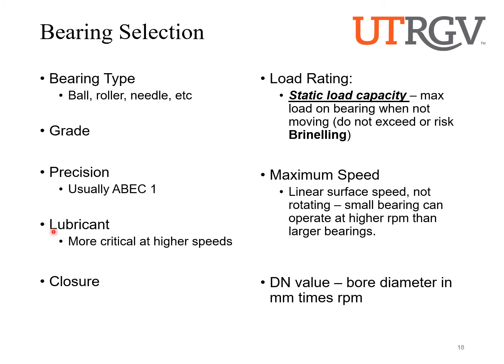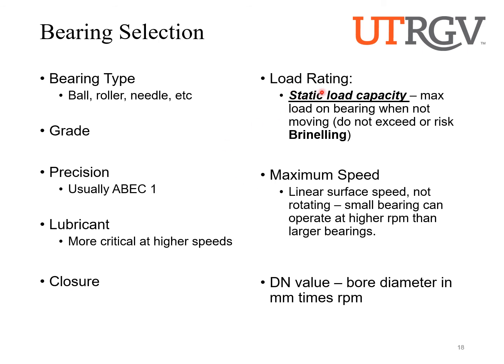As an engineer, maybe you will get to specify the lubricant that will be needed for the bearing, although some of these bearings are sealed with lubrication already incorporated, and they're designed in such a way that they're non-serviceable, so you can't go in there and change lubrication. And this is going to come from their closure or their seals.